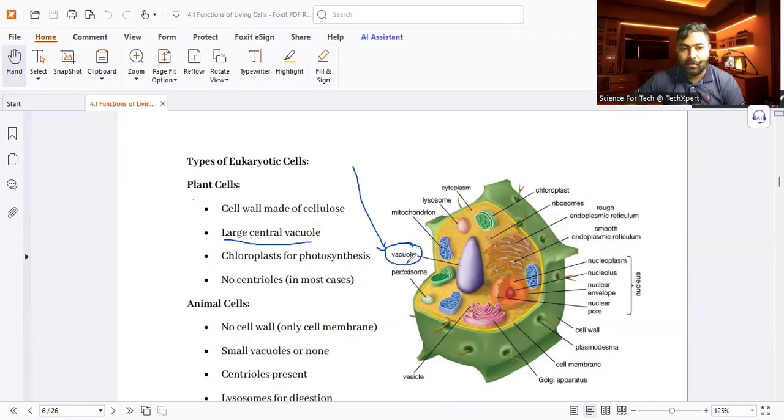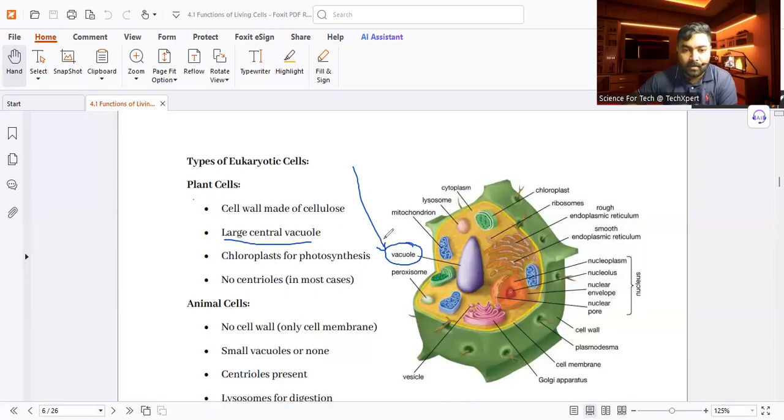That means if you are given a plant cell and an animal cell to identify, we can identify the plant cell by this central vacuole. The animal cell doesn't have a vacuole. Only plant cells have a vacuole. Sometimes animal cells can have a temporary small vacuole, but there is no permanent vacuole.